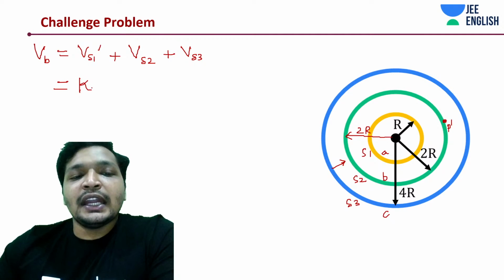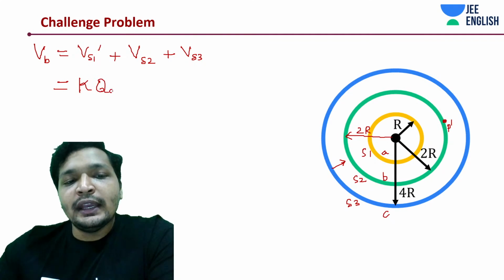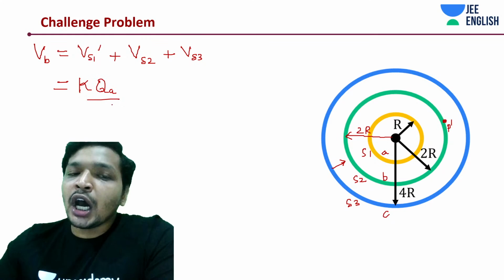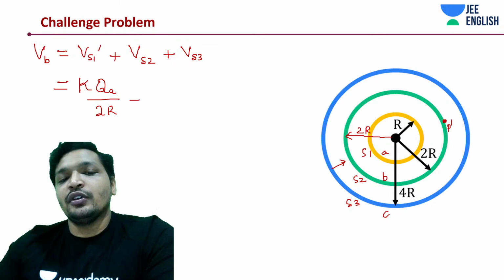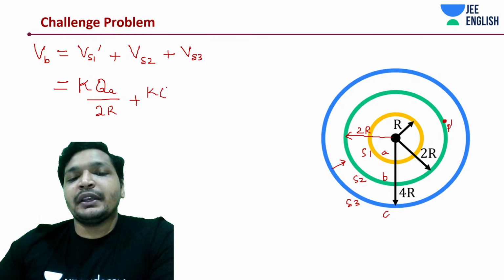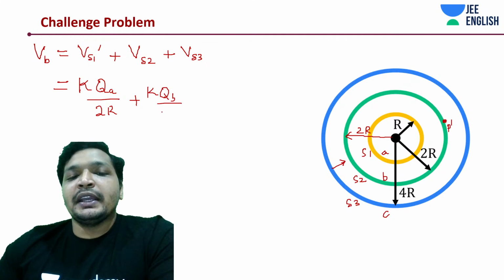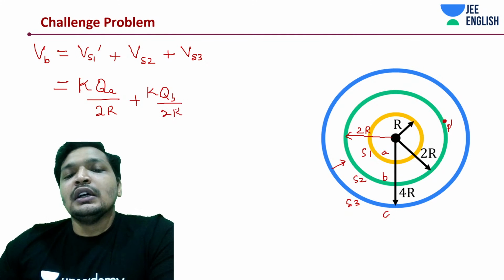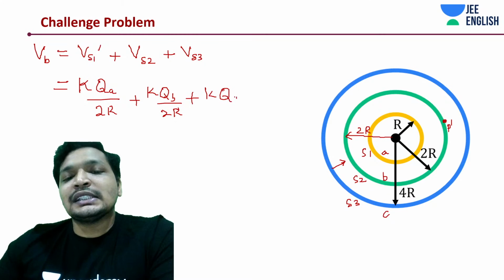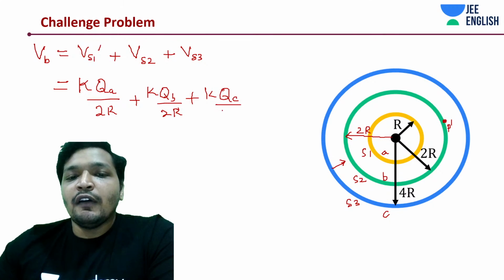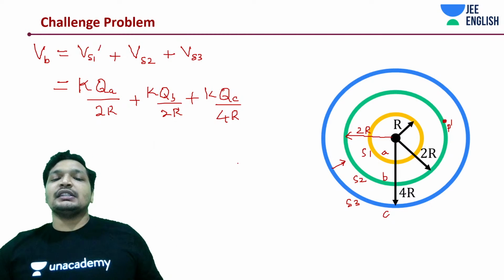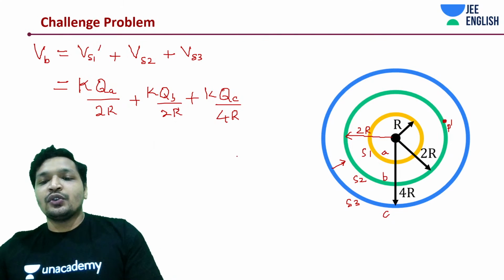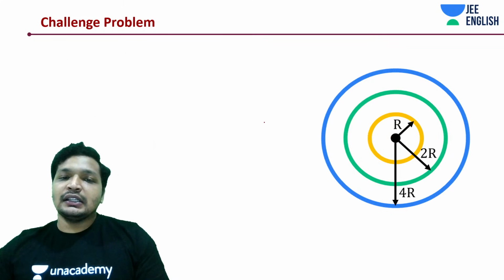It's going to be K into QA divided by 2R, not R anymore. Rest is going to be the same: KQB by 2R, and then we are going to have KQC divided by 4R. Okay, inner point, so same as the surface potential. Just do the rest of the math and you will get the answer.